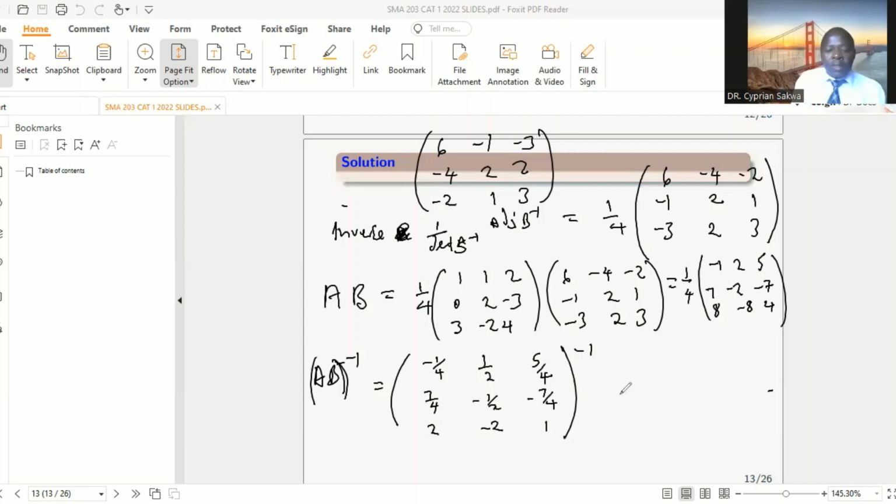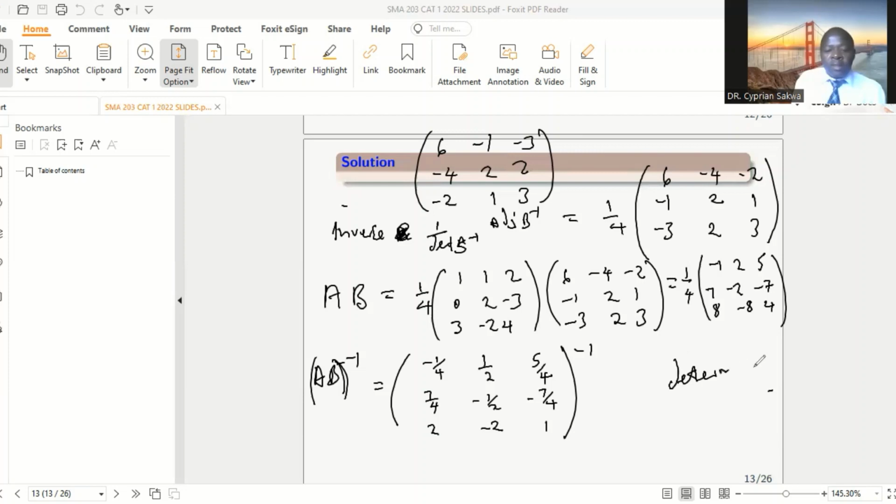Now, at this point, I'll not do what you're supposed to do. I'll just tell you, of course, you now get the inverse of the matrix. And if you don't know, I had already given a video on how to find the inverse of a matrix. There are various ways. You can use row reduction, one of the methods that I showed you, or you can first find the determinant of this product.